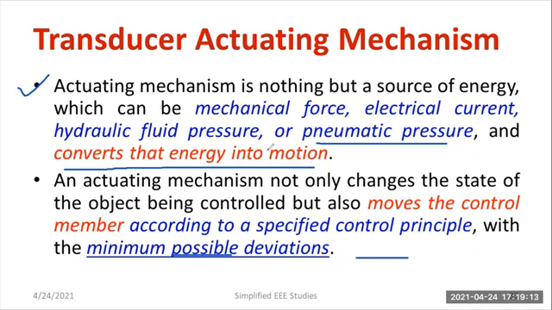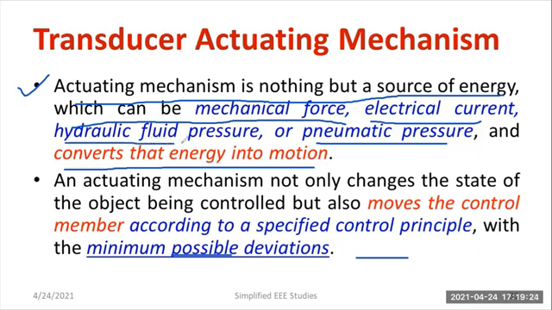Once again, I would like to recall that the actuating mechanism is nothing but a source of energy which can be a mechanical force, electrical current, hydraulic fluid pressure, or pneumatic pressure, and that converts energy into motion.